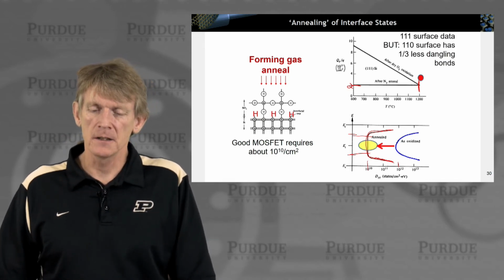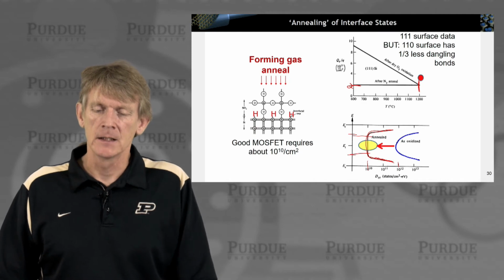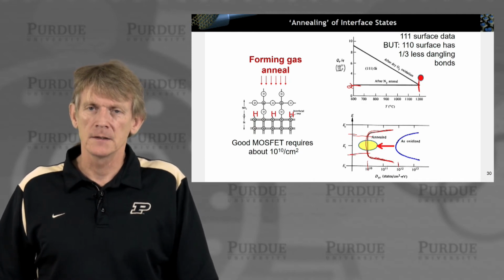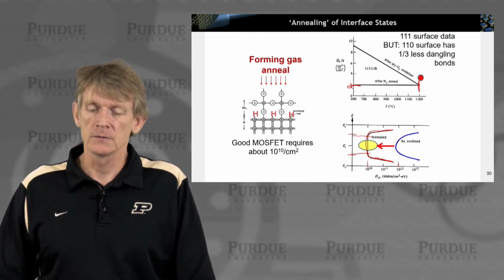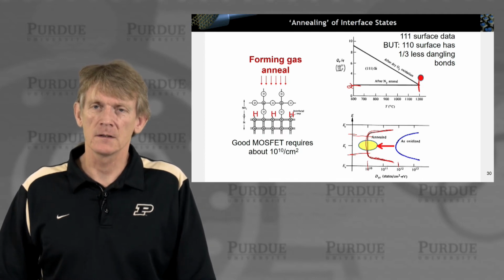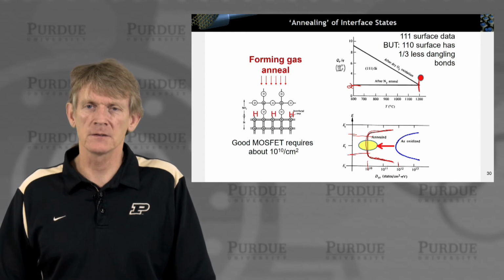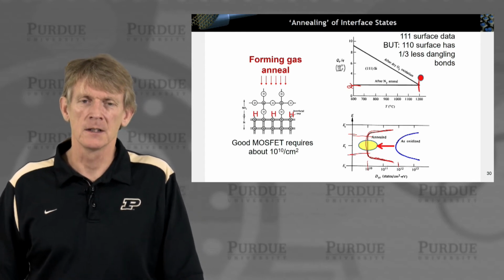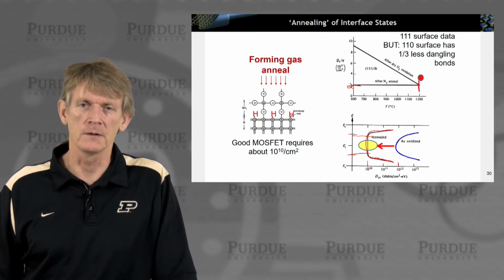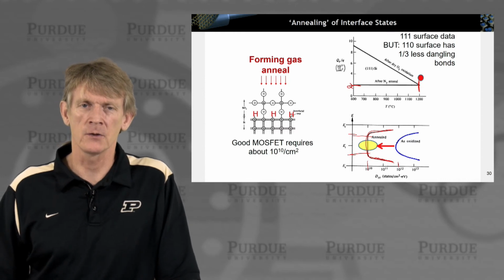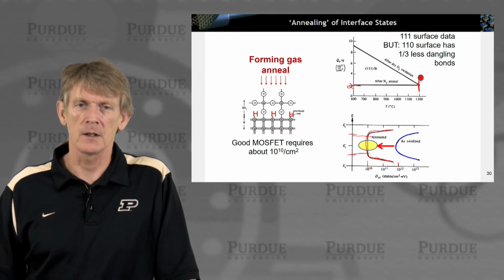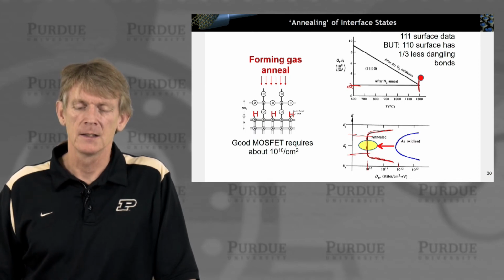The data shown here is 111 surface data, but 110 surfaces have one third fewer dangling bonds. If that sounds suspicious, I suggest you go back to the section on crystals, go on nanoHUB, rotate the crystals around and look at the bonds at certain interface cuts, and you'll see that the 110 surface has one third fewer dangling bonds.